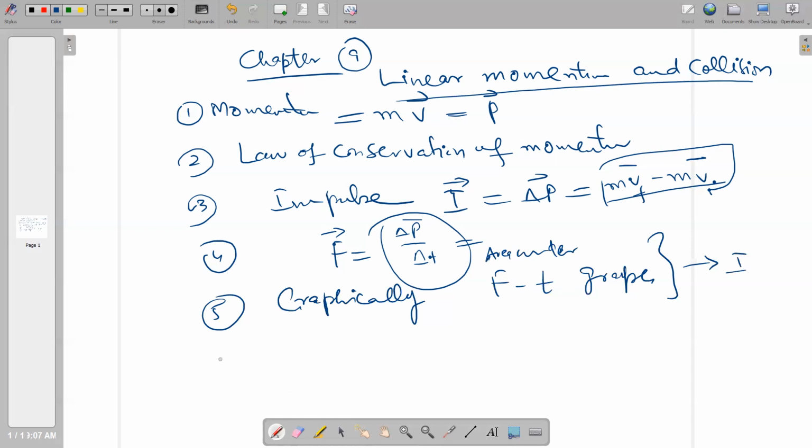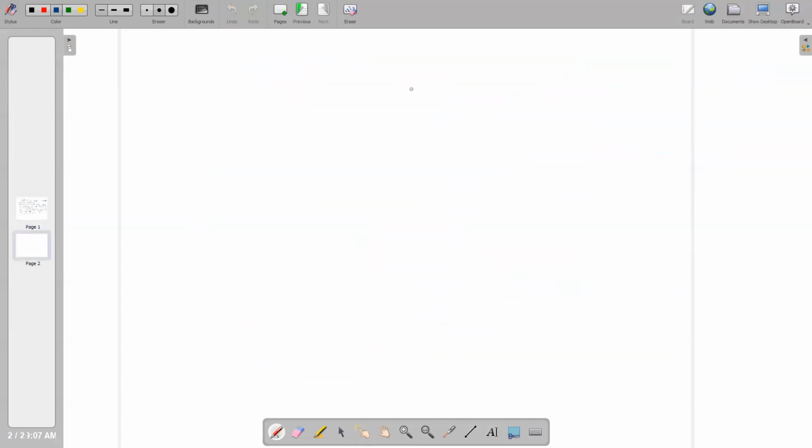So after this, now we are moving towards the collision. But before collision, you should remember that momentum is a vector quantity and it has the same direction as velocity.